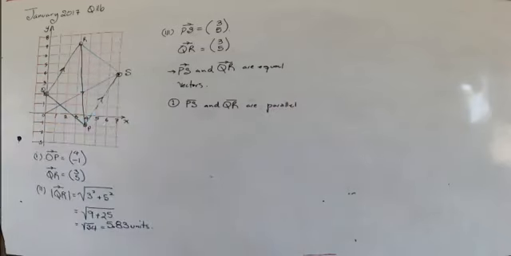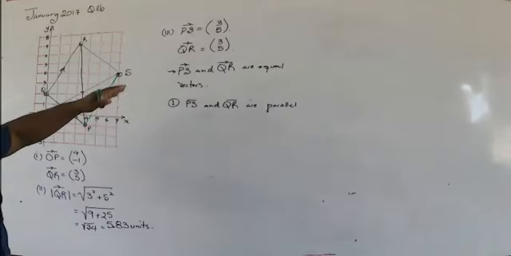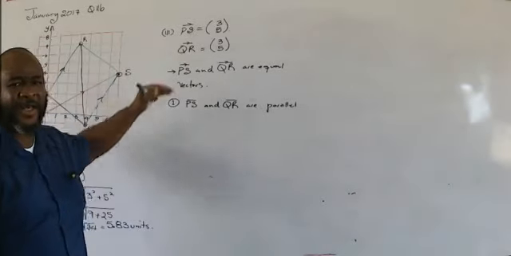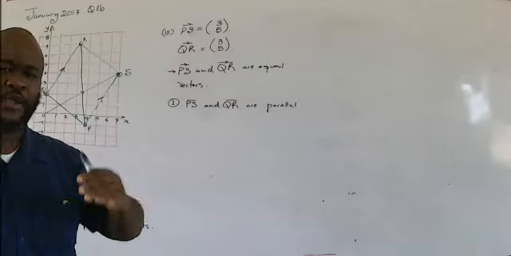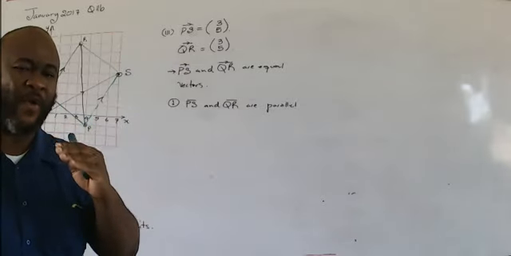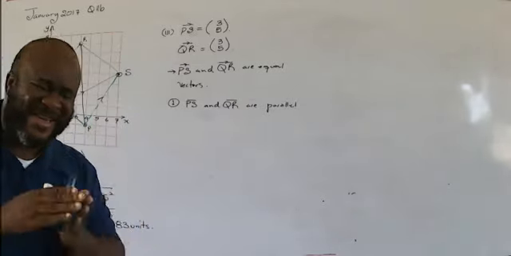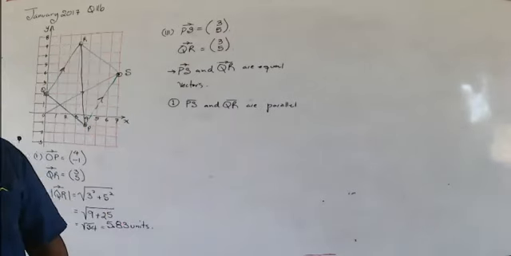Ladies and gentlemen, if two vectors are equal, the two vectors have the same magnitude and the same direction. So since these two vectors are equal, it means therefore that the lines representing the two vectors are also equal in length.